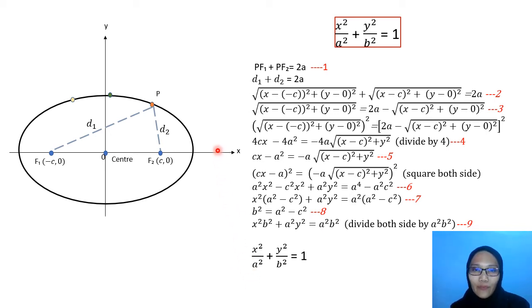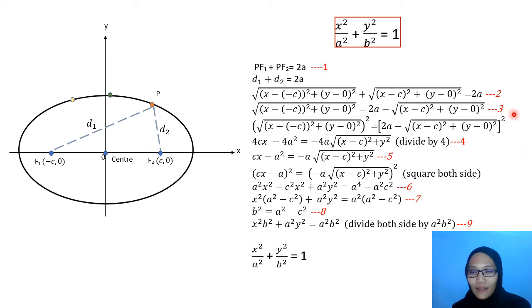So PF1 plus PF2 equals 2a. Next, we use the distance formula to find the distances PF1 and PF2, as in equation number 2. After that, we move the second radical to the right-hand side, so we get equation number 3.